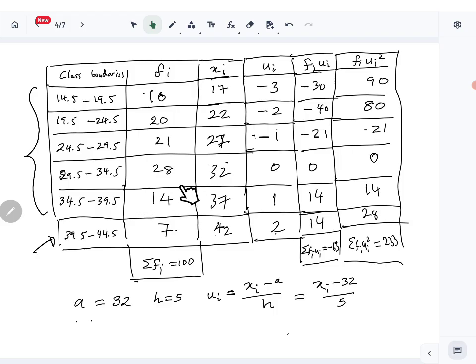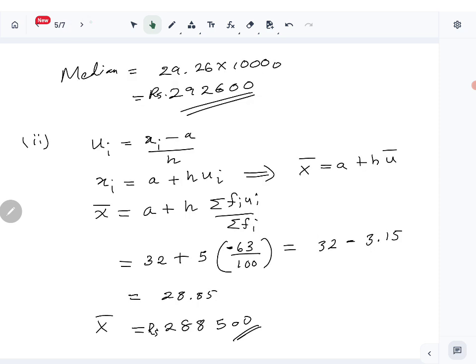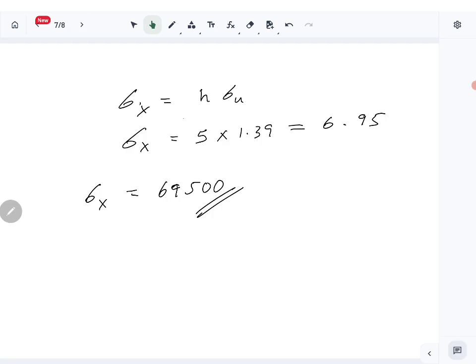So only 7 people have deposited more than that. Total 100 minus 7, 93. So the last part answer is 93. Right, so that is the statistics question.